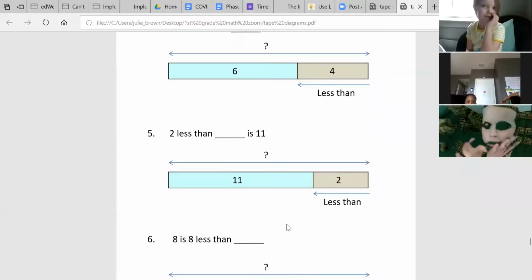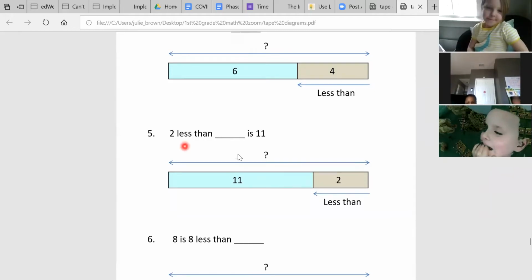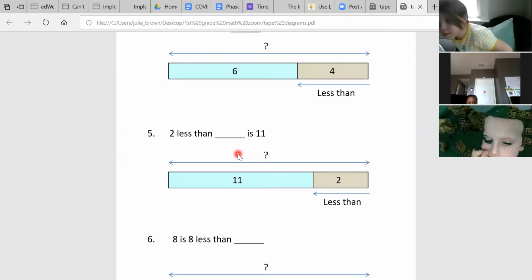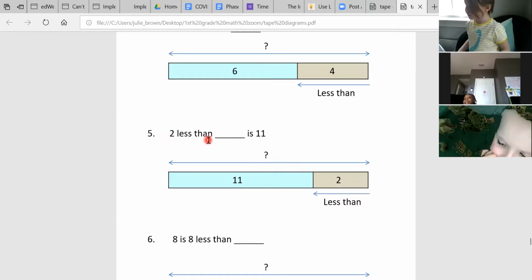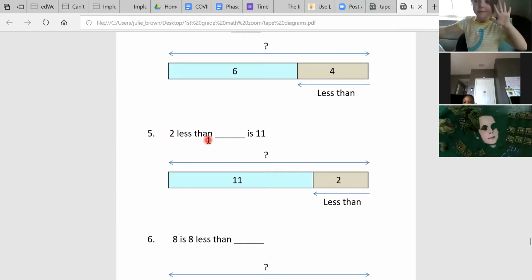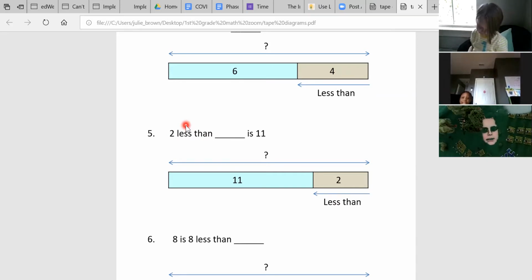Let's see. Does Owen want to unmute himself and maybe read where it says 2 less than? Or does Santiago want to read 2 less than? Okay, go ahead. 2 less than blank is 11.